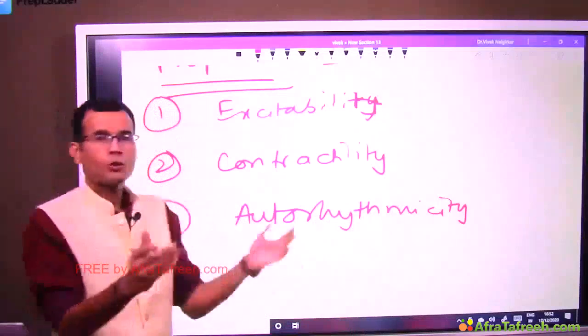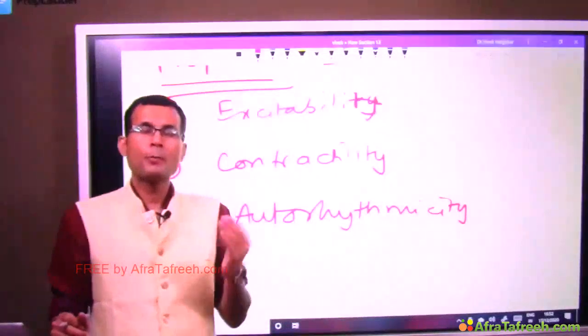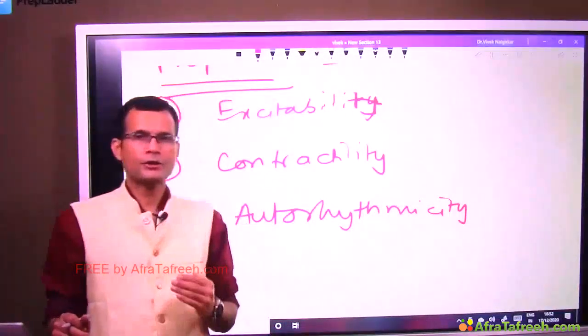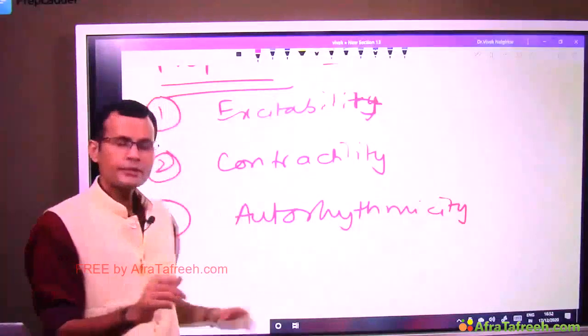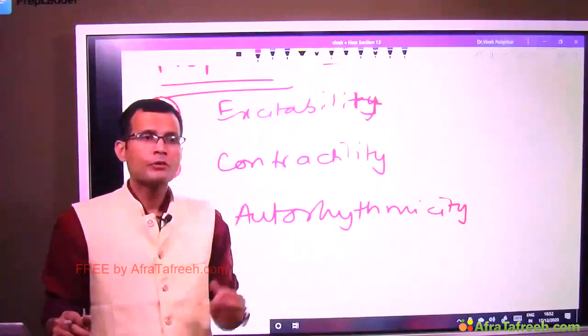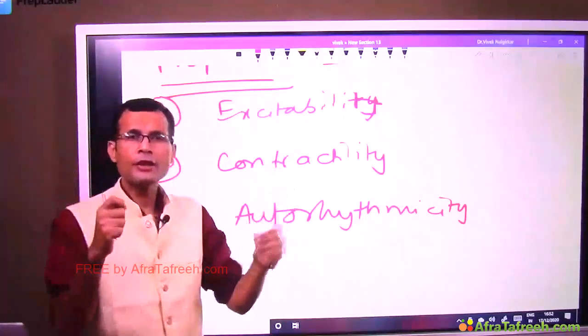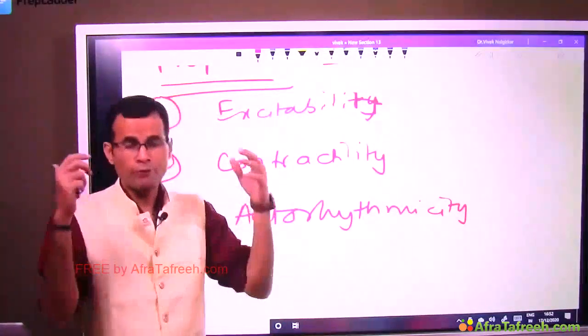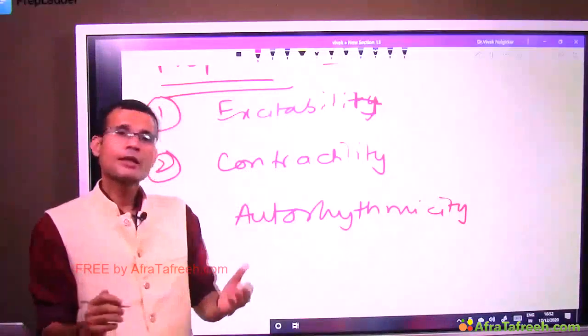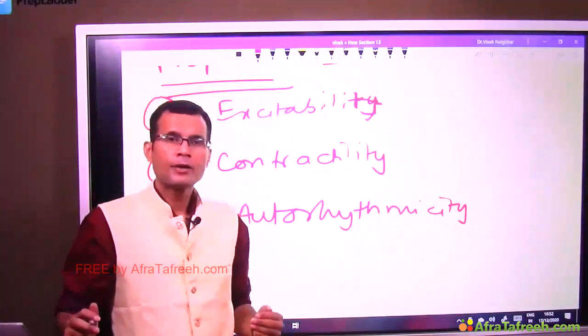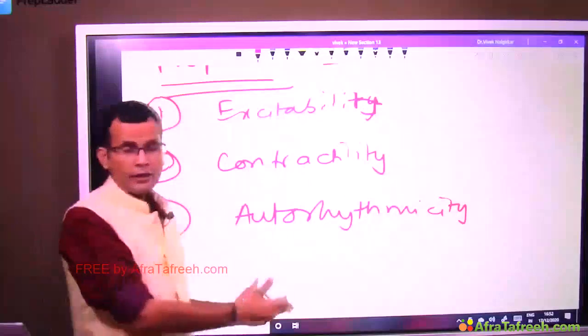Plus, the word auto means a property of self-excitation. That is, there are many parts in the heart which show a property of self-excitation. Means even if they are not getting any signal from outside in the form of a neural signal, they can still excite themselves. And why is that required?